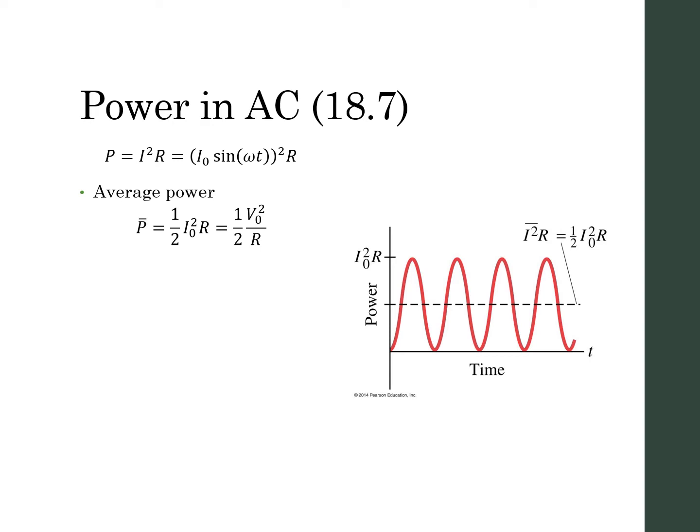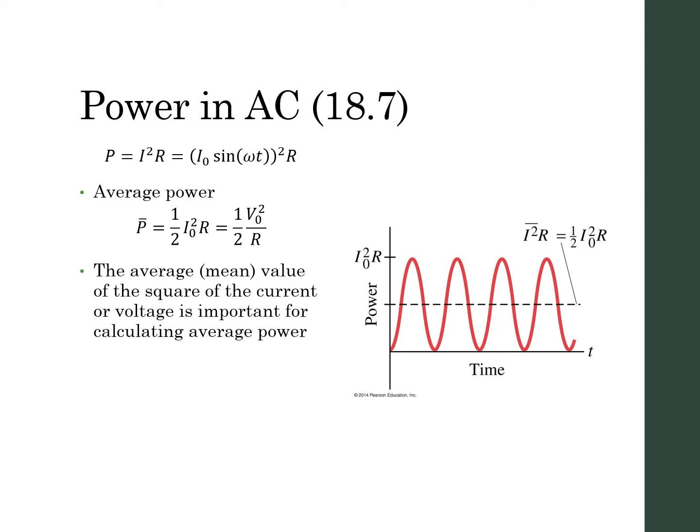Well, you'll notice we didn't use 1/2 in the previous example. So there's still something missing in completely connecting the alternating current to a direct current. But before we get into that, we need to reiterate that the average or mean value is important for calculating average power.